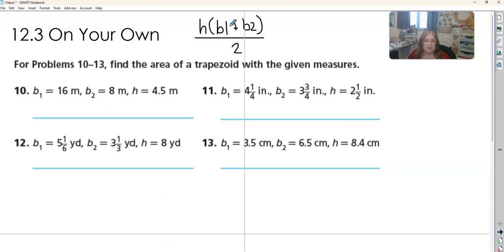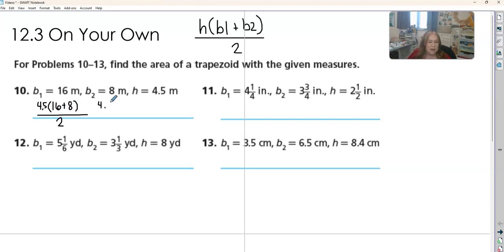So we're using this formula, plugging in our information. So this one here, we have base 1, base 2, and the height. We need to start by adding 16 plus 8, and then we will times that by 4.5 and then cut that in half. So 16 plus 8 is 24.